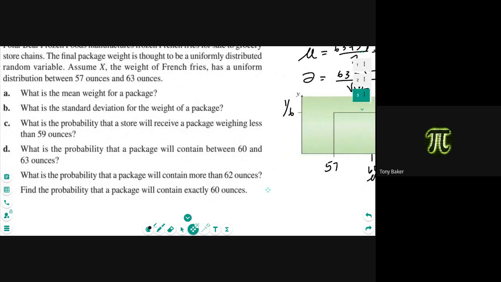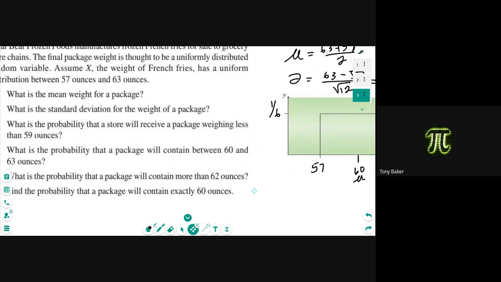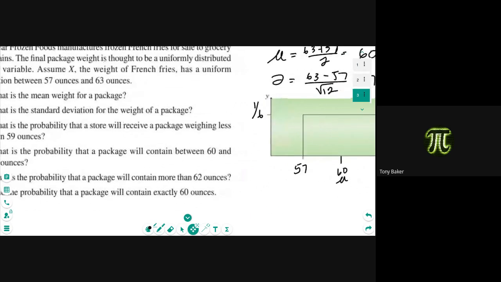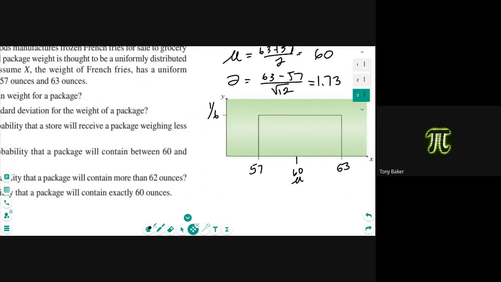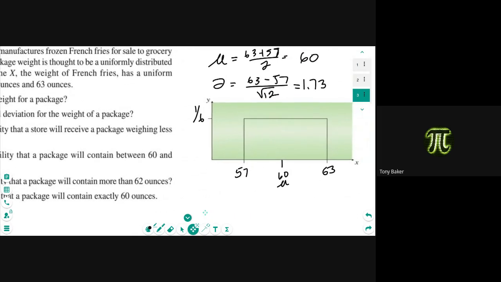All right. Next question. What is the probability that a store will receive a package weighing less than 59 ounces? So 59 is over here, right? So we want that space right there, correct? So what's the area of that rectangle?